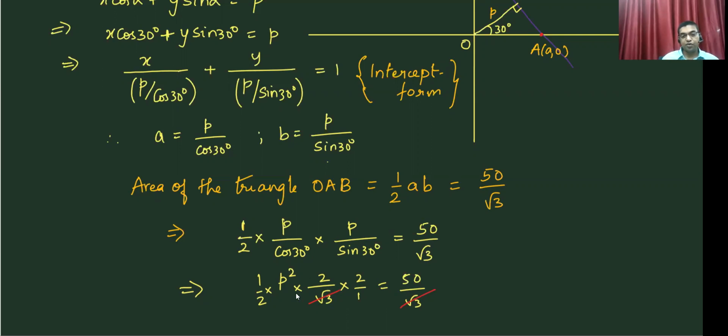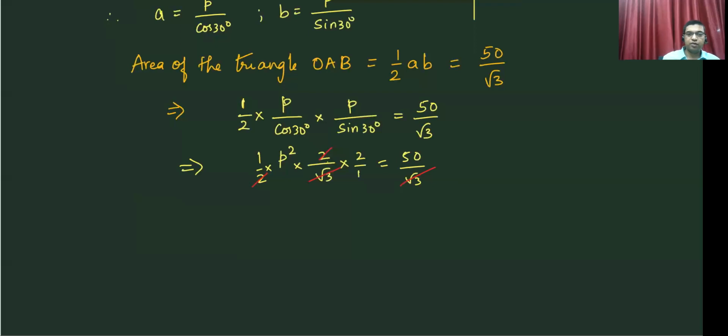And then 2 will divide this 2. Okay, once. Then we get p square is equal to 25, which means p is equal to plus 5 only because p is the perpendicular distance. It cannot be minus 5.